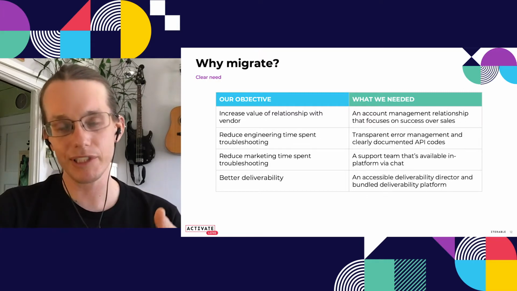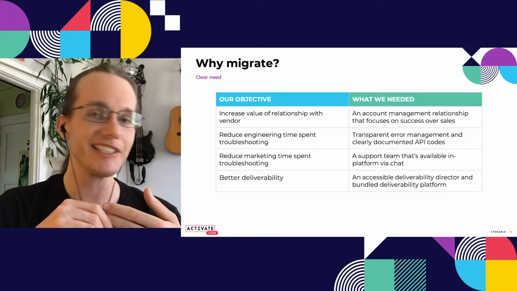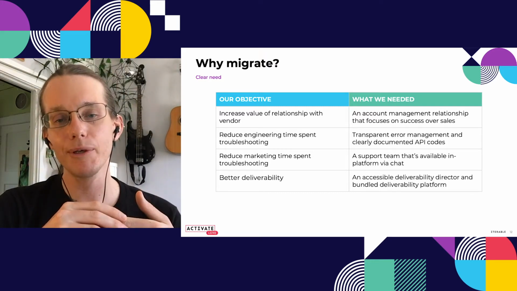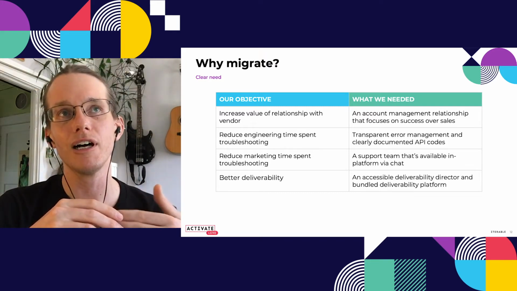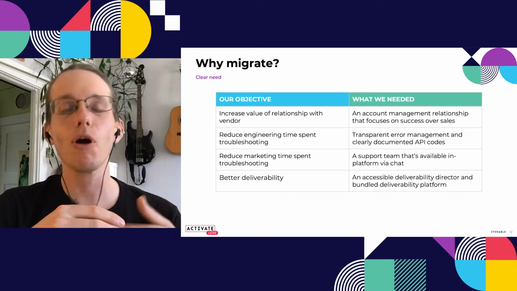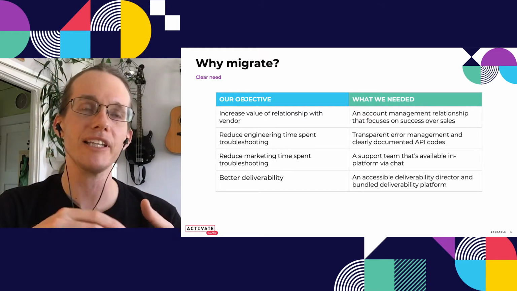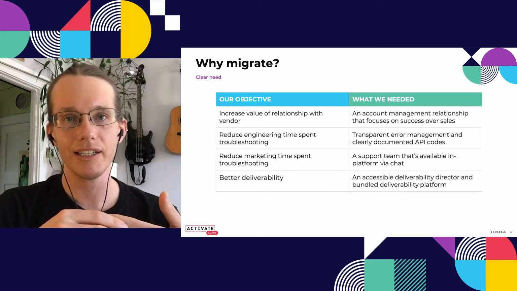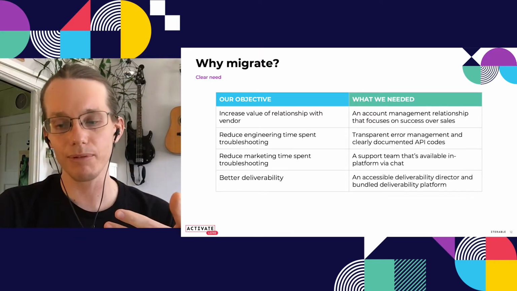And then deliverability, which is kind of the least glorious, but one of the most important aspects of email marketing. And we were looking for a platform or a vendor that would really partner with us on our deliverability and be the expert, so that we could cut down on the time that we spent on such a tactical problem.